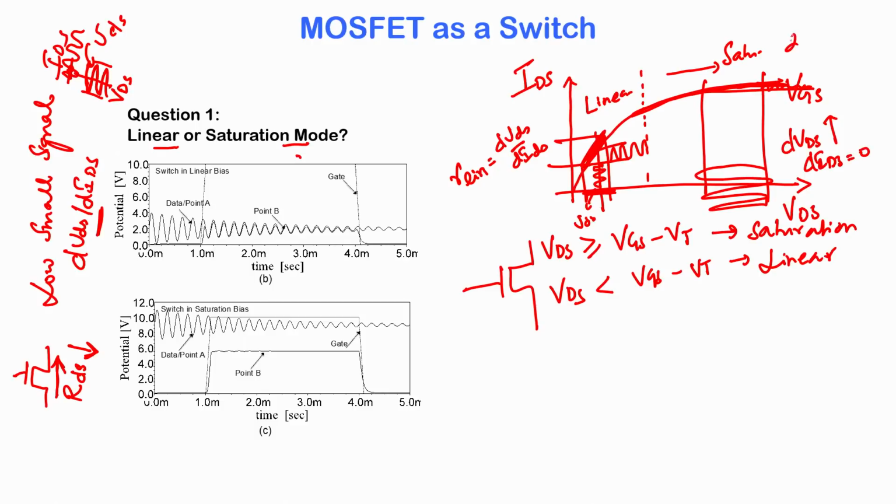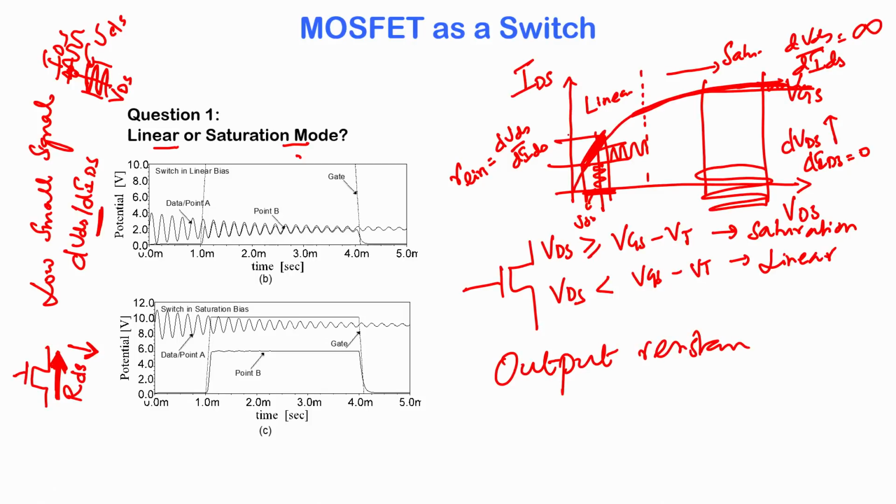And what is dVDS by dIDS in saturation? It is going to be infinite. Therefore, the small signal resistance for a MOSFET in saturation is infinite, and this resistance is called the output resistance of the MOSFET.